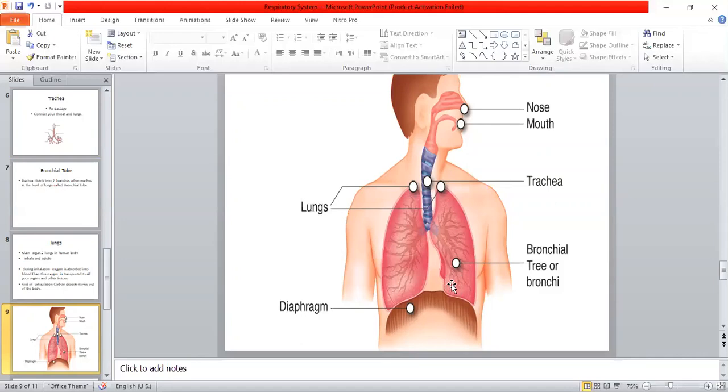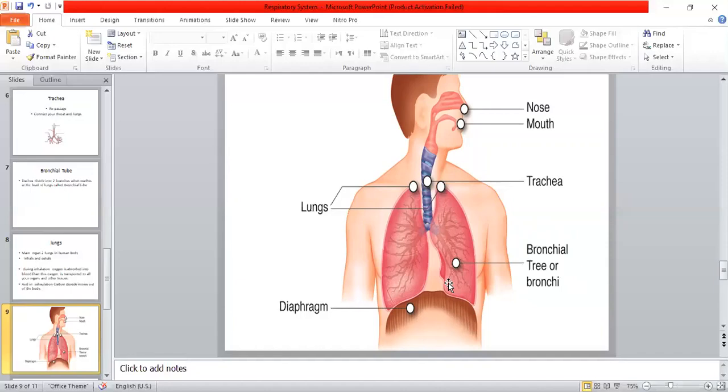At the end of this bronchial tree, or at the end of the bronchioles, air sacs are present. Air sacs are also called alveoli. And the alveoli are surrounded by a bunch of capillaries. And you all know that capillaries contain blood.